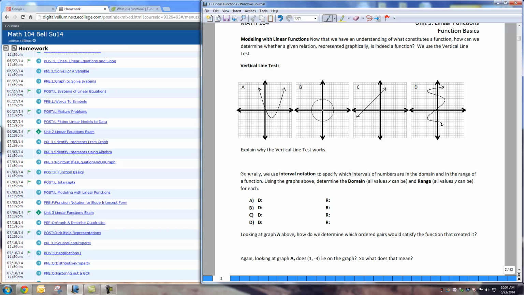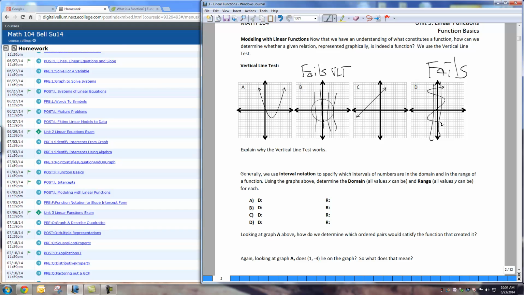Notice here, if I plug in 0, it sends me to two different places on this graph. It sends me here and here. So therefore, this fails the vertical line test, because as I do vertical lines, notice how it touches it more than once. So this one fails and this one fails, because as I draw a vertical line, it touches more than once.